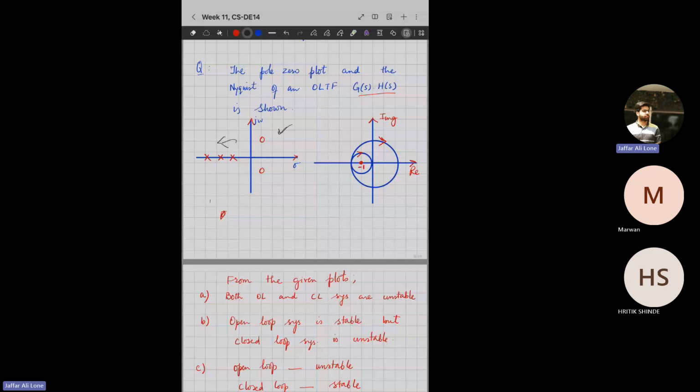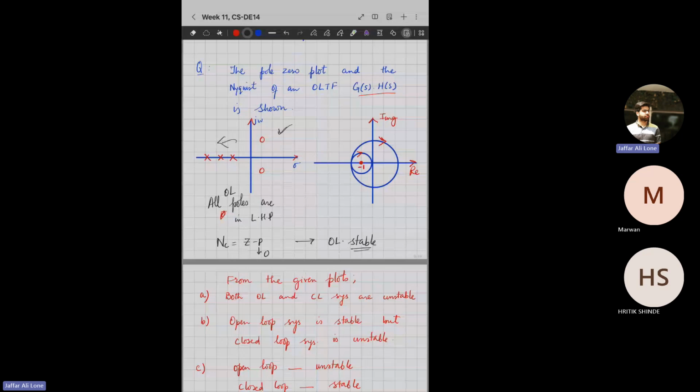We don't care about zeros, but all open loop poles are in LHP. So in N_C = Z - P, my P is 0, because all my open loop poles are in the left half plane. It means my open loop system is stable.